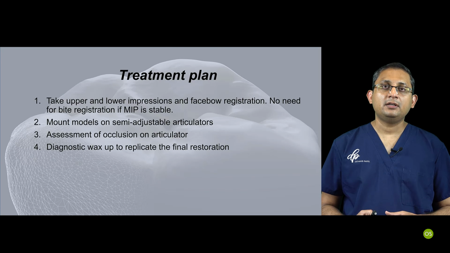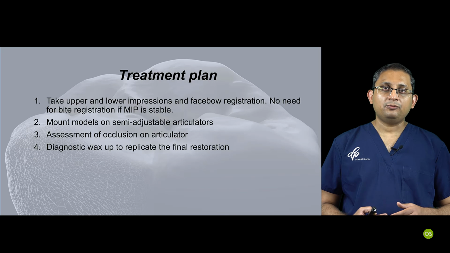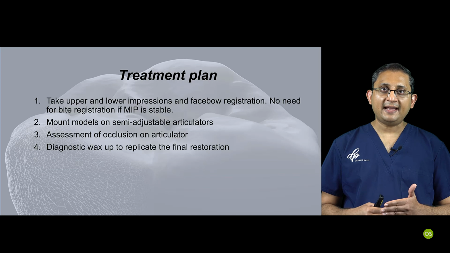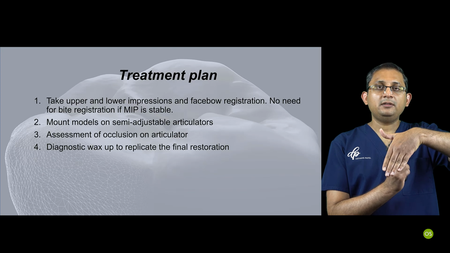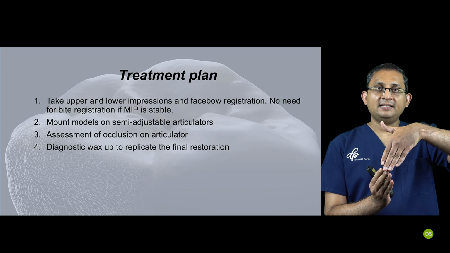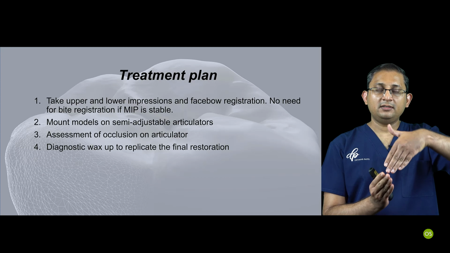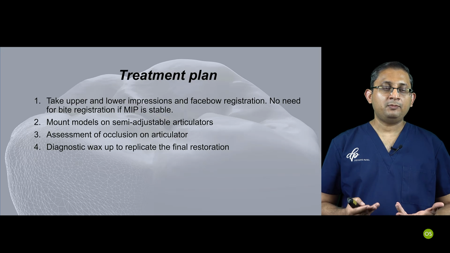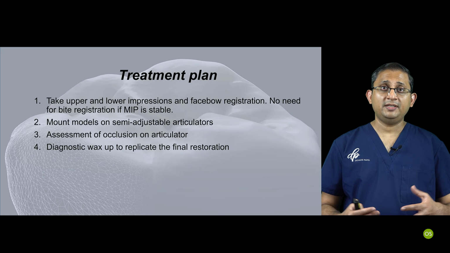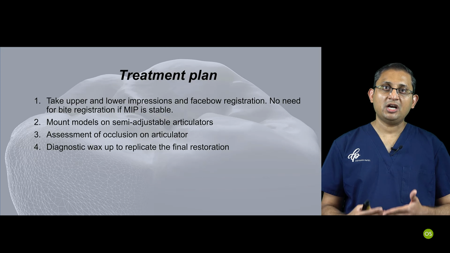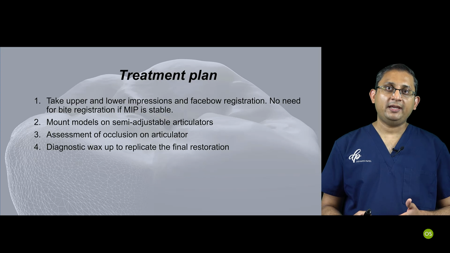In this case, I marked the MIP contacts, and for the maxillary teeth, I built the composite incisally to the MIP contact. So I'm not changing the occlusal vertical dimension. I'm not increasing the OVD, but I'm changing the guidance. And this is one of the simple ways to do this.